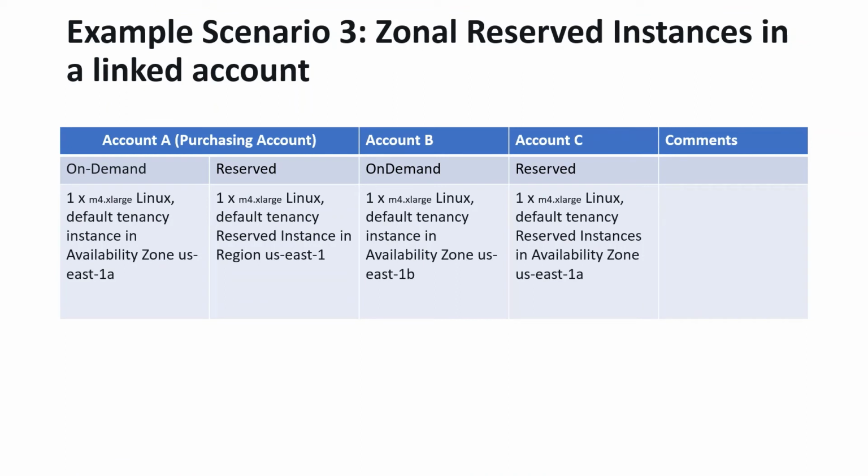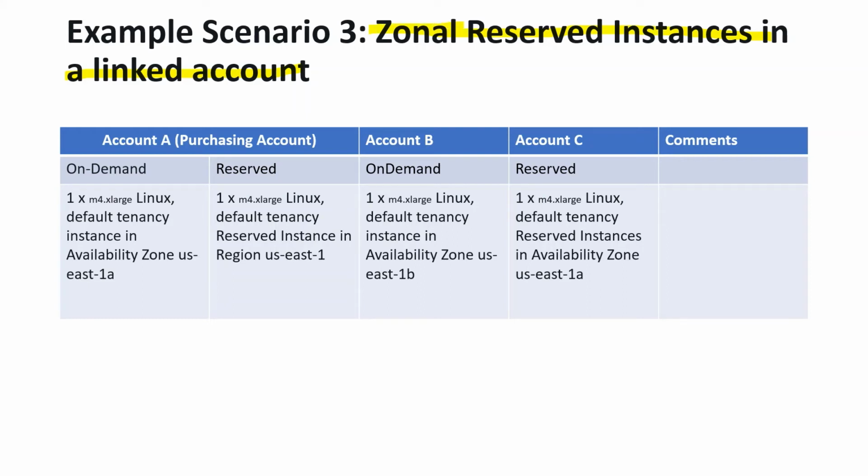In this one, we have three accounts, account A, account B, and account C. This example will explain the scenario of purchasing a zonal reserved instance in a linked account. We are not purchasing at the region level, but at the zonal level, in a linked account.